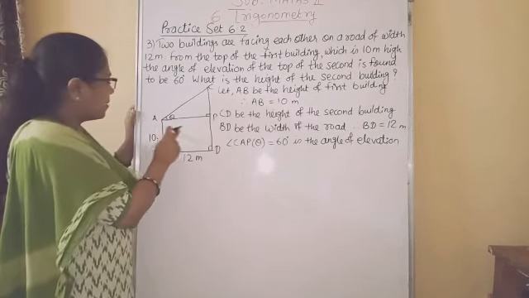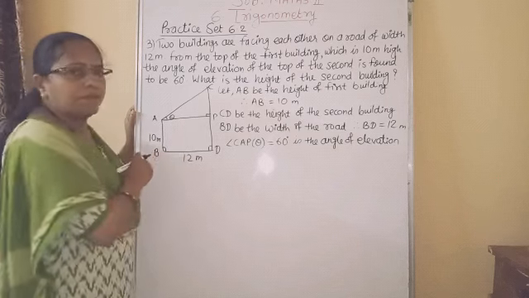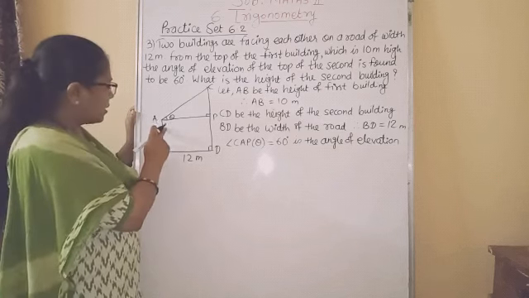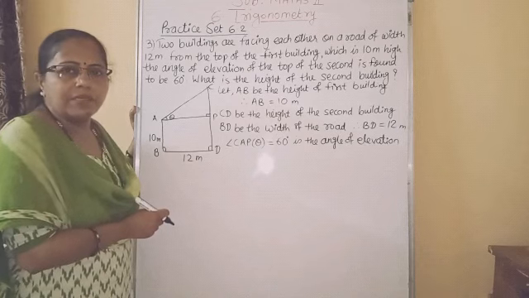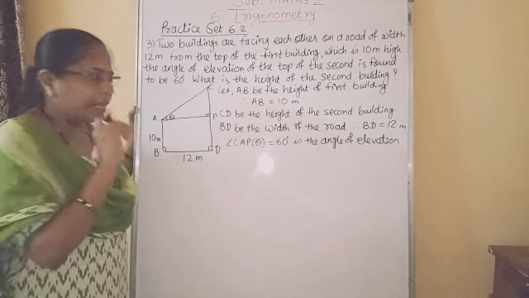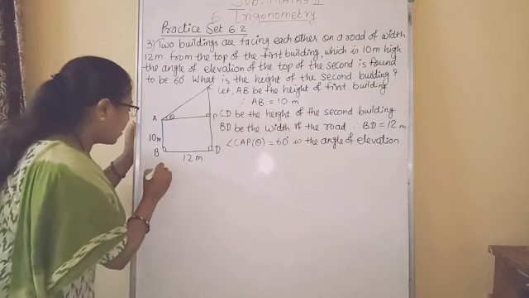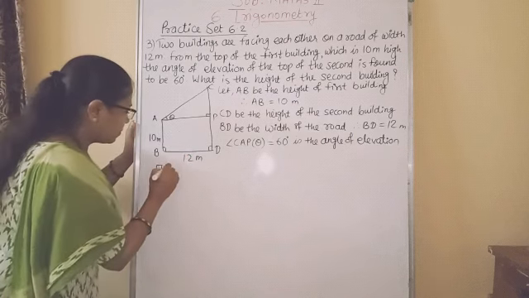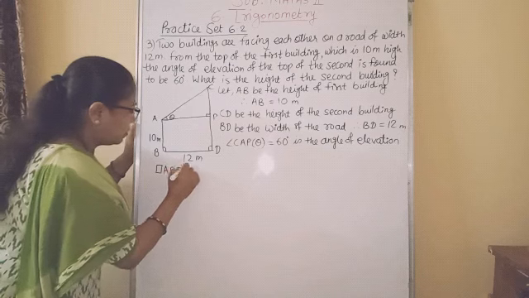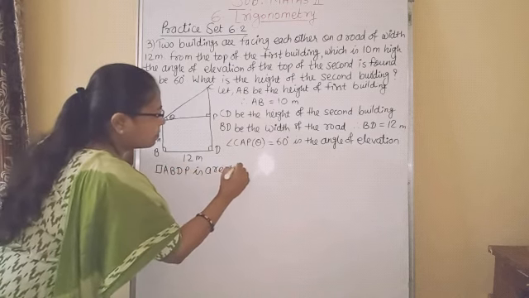Now student, we will focus first on the quadrilateral ABDP. As you observe here, each angle of this quadrilateral is 90 degrees. That means this quadrilateral is a rectangle. So first we will write that quadrilateral ABDP is a rectangle.